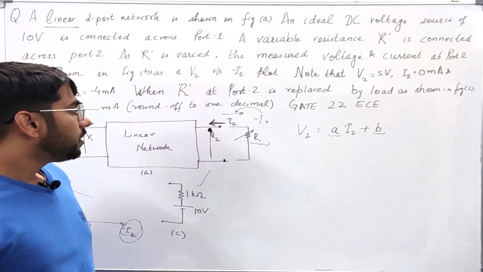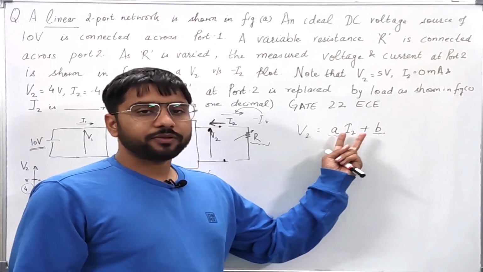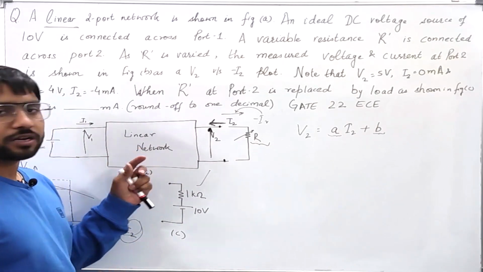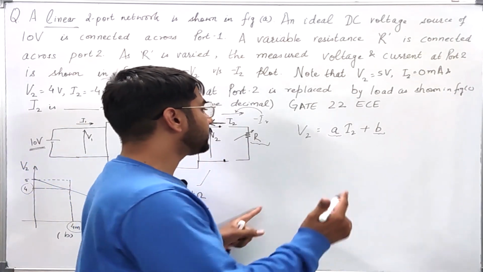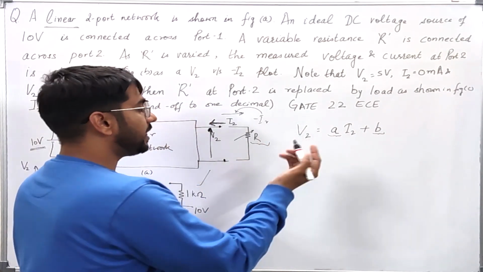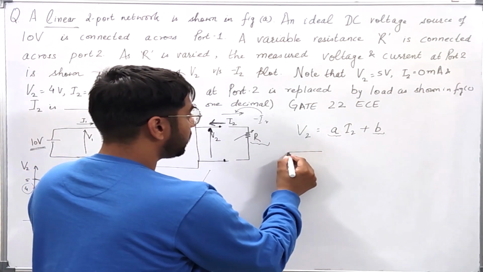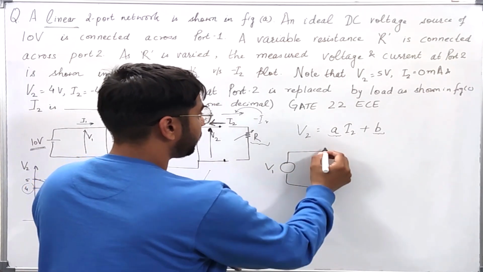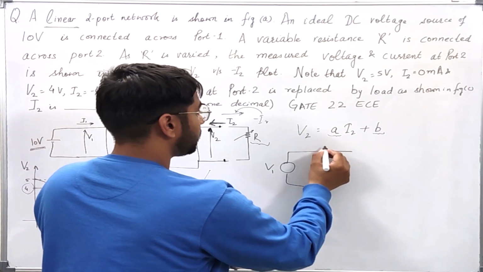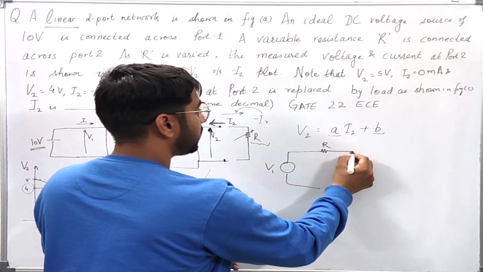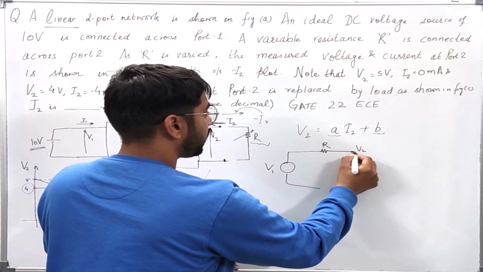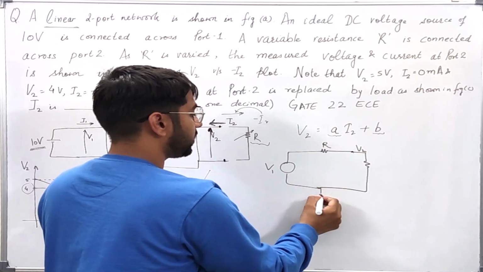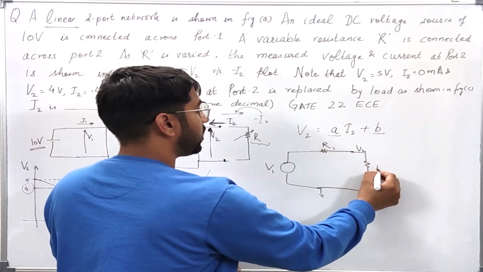Now we can see this equation from various points of view. If I solve any linear network using nodal equations, let us say this is a very simple network, that is some voltage source V1, this is some resistance R1, and this is V2, and this is the ground, and this is R2.